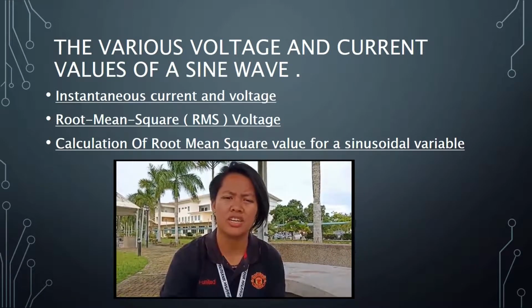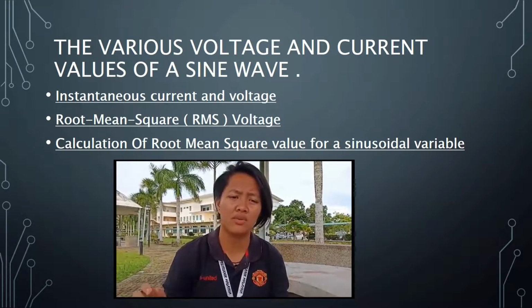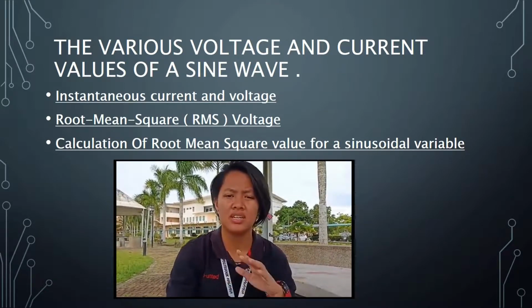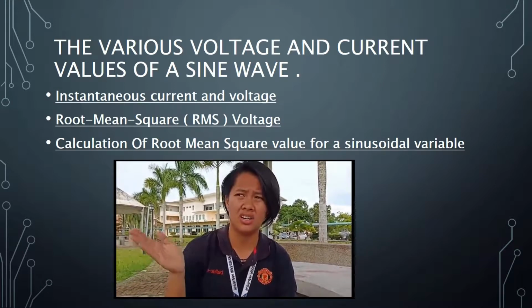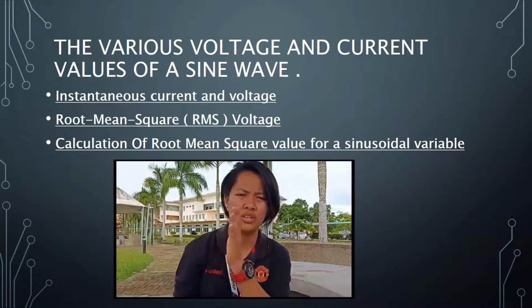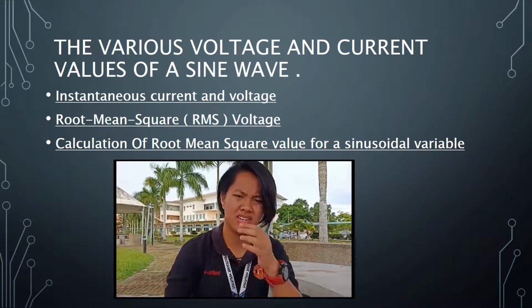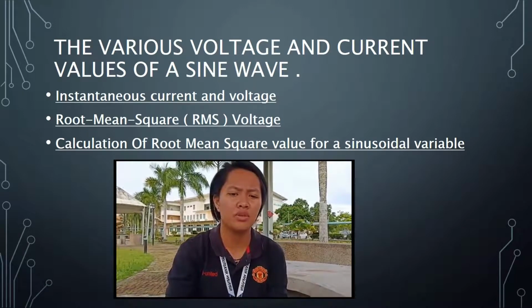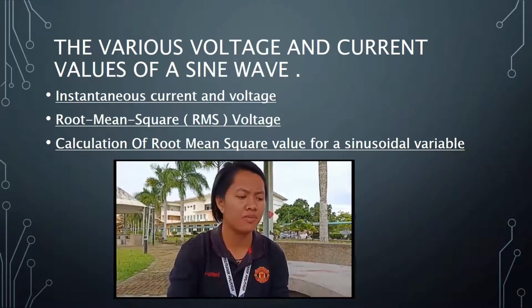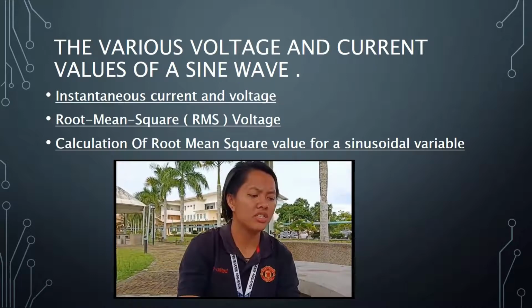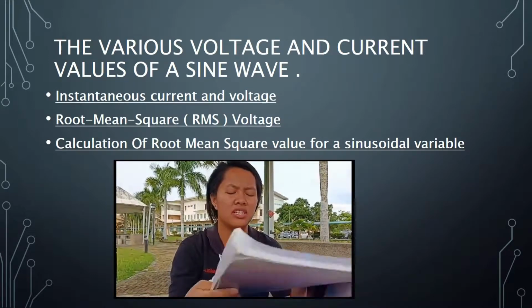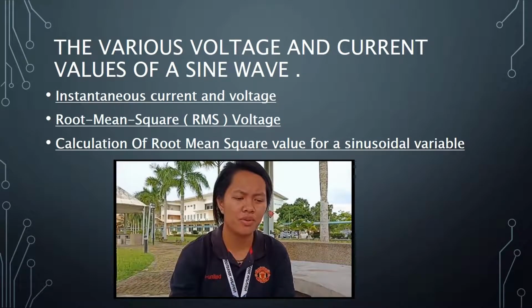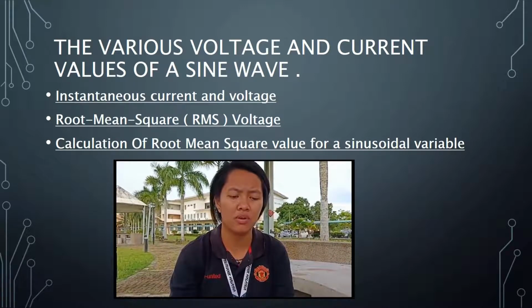Next slide. Root mean square, RMS voltage. RMS voltage is the amount of DC voltage that is required for producing the same amount of power as the AC waveform. The RMS voltage of a sinusoidal waveform is equal to 0.707 times its peak value.